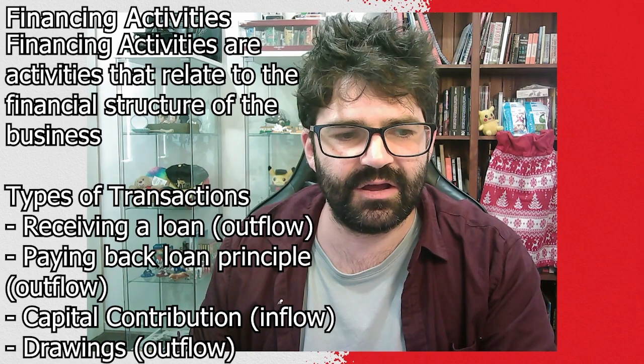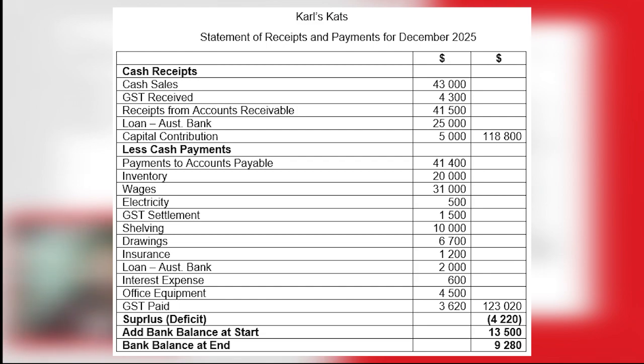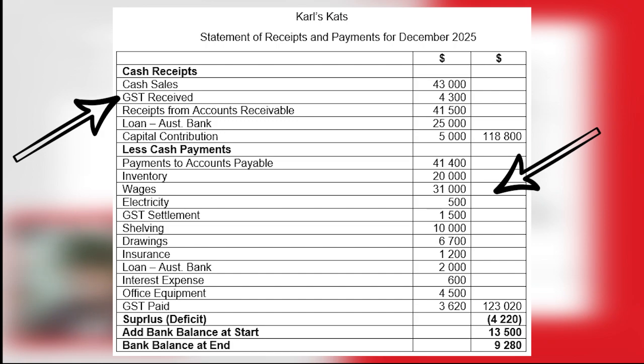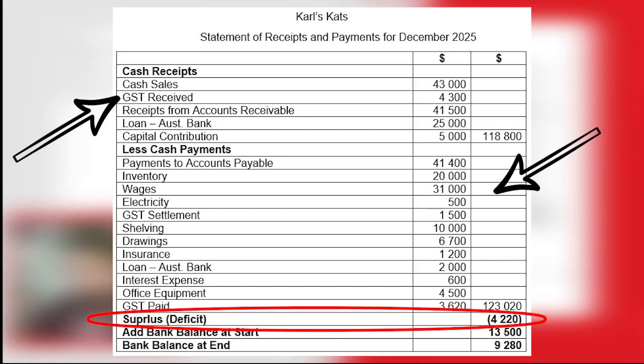So right now I have an example of a statement of receipts and payments, this time for Carl's Cats. So, statement of receipts and payments, you've got all the cash inflows, all the cash outflows. The surplus or deficit in brackets is 4,220.